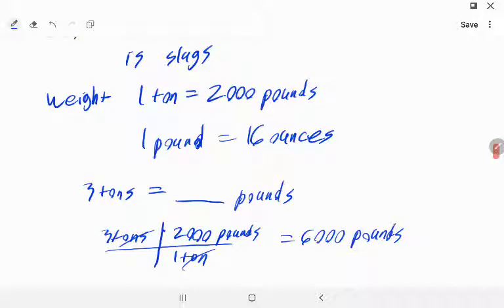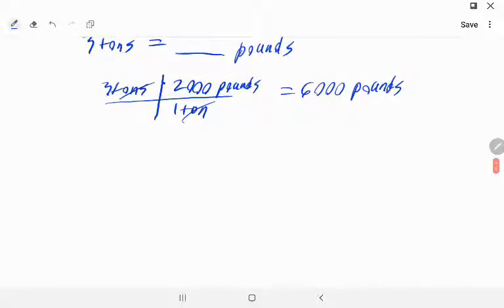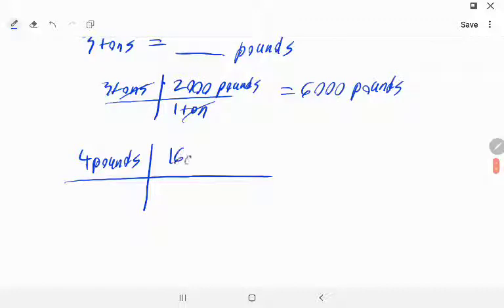In math, we don't like to say never, but I have never ever seen an application for that. And then more practical is if we had 4 pounds and want to know how many ounces that is. We know that there are 16 ounces to 1 pound, and so we wind up getting 64 ounces.